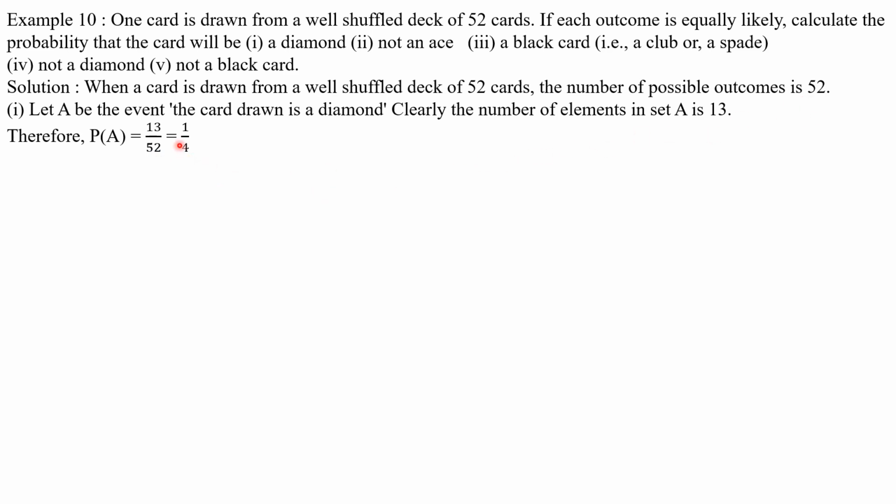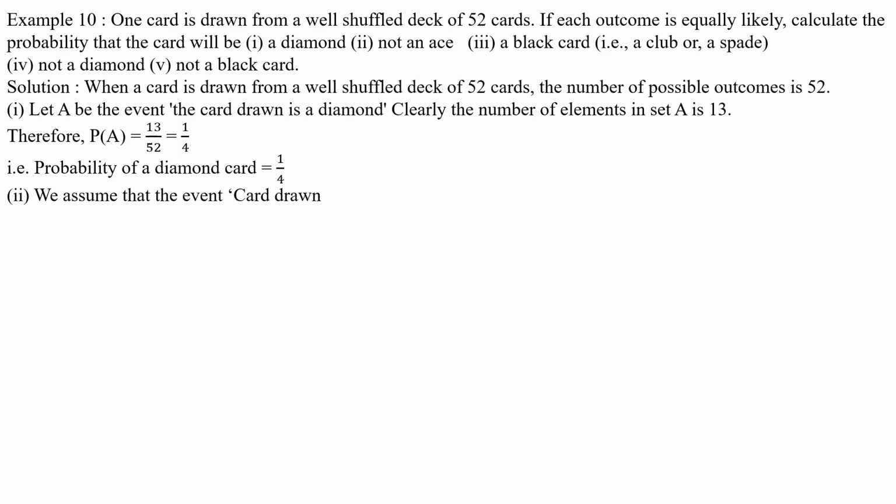So 13 by 52. By simplifying, 13 ones are 13, 13 fours are 52. That is equal to 1 by 4. Understood this step, my children? That is, the probability of a diamond card is 1 by 4. This is the probability of getting a diamond card. Right.